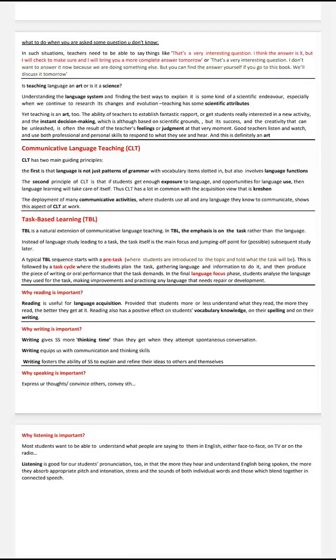The ability of teachers to establish fantastic rapport or get students really interested in a new activity, and the intense decision making, which is also based on scientific ground, but its success and the creativity that can be endless is often the result of the teacher's feeling or judgment at that very moment.